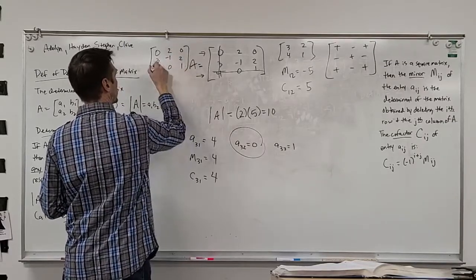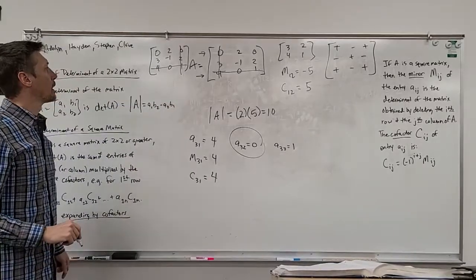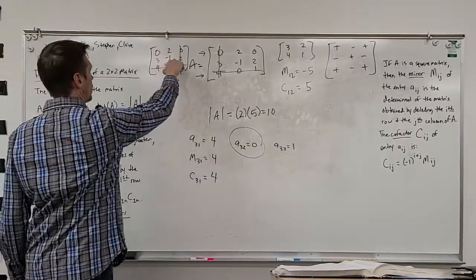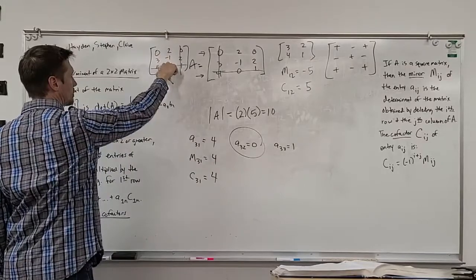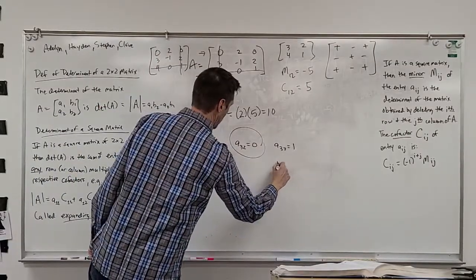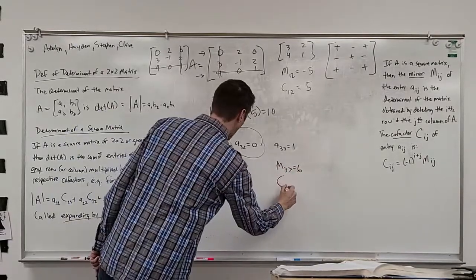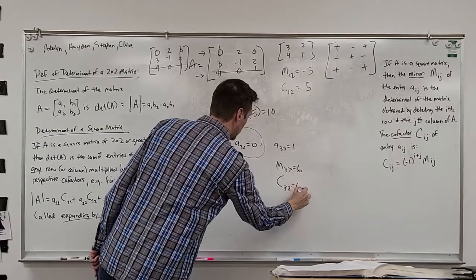So we're going to focus on this one here, entry 1 now. So our resulting matrix is 0. The determinant here is 0 times -1, which is 0, minus a 6, so the minor will just be 6 because it doesn't change. Equals 6, and it doesn't change, so C equals 6 as well.